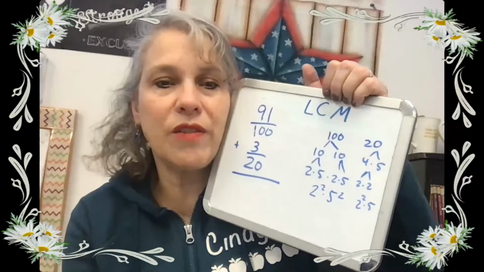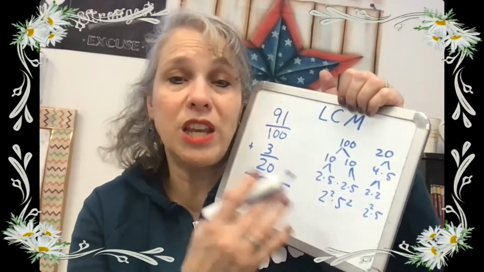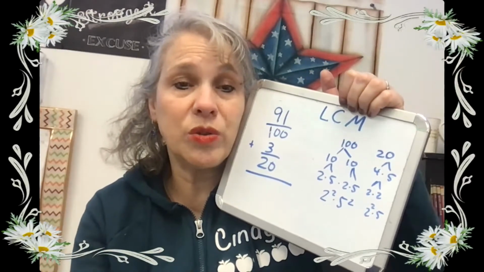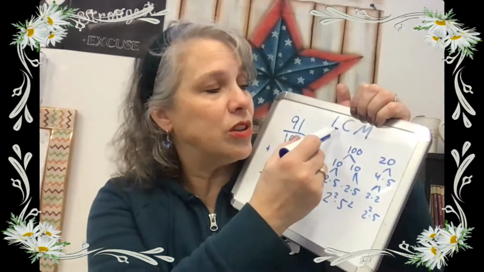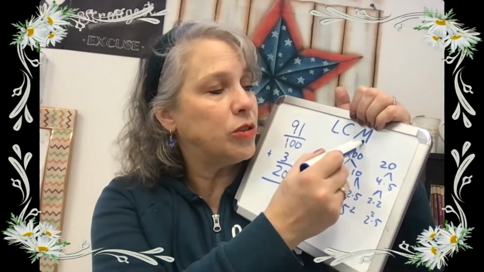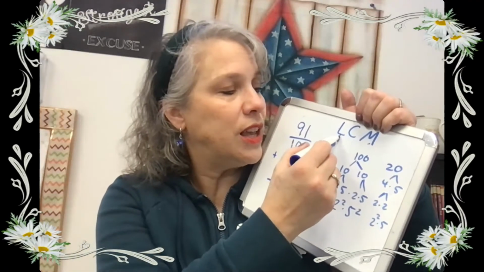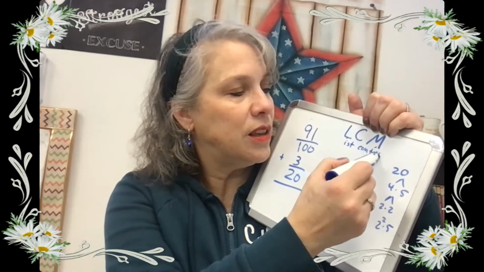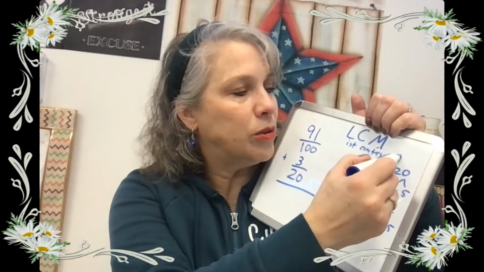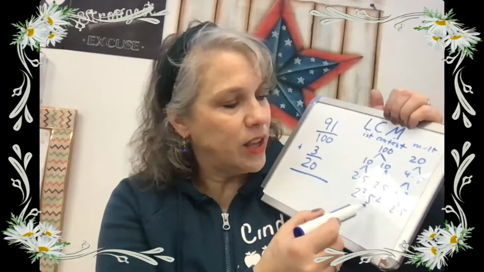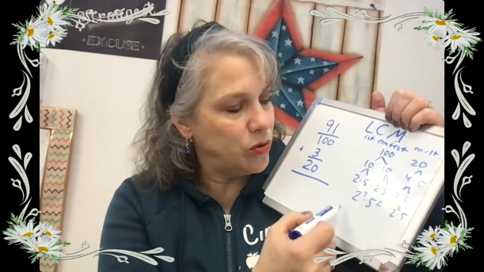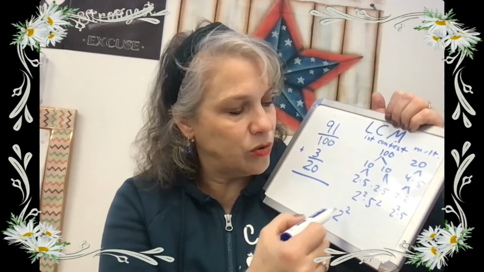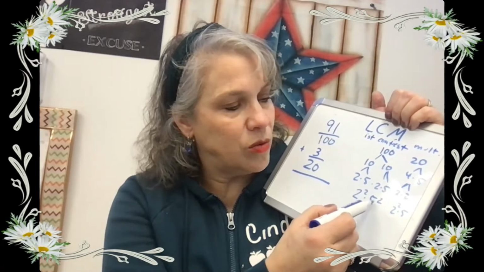So what I do is I find all the prime numbers that each denominator goes into, and then I use this acrostic for least common multiple. It's also list, contest, and multiply. So I list and I say, okay, this one has 2 2s, so my final one is 2 2s. This one has 1 5, this one has 2 5s.